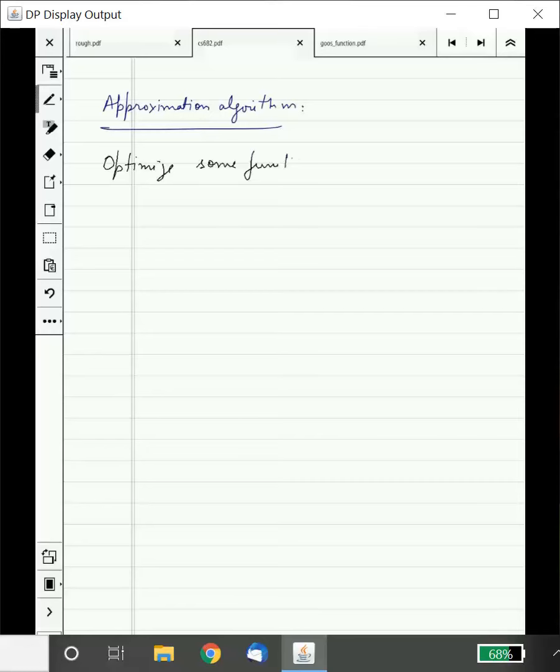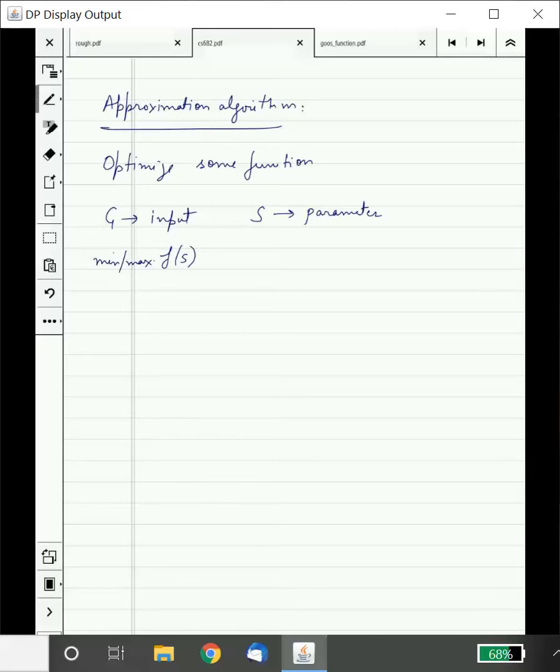What does it mean? You will be given some input, and then there are going to be a lot of parameters. We choose some s, and we will get f of s. And then our task is to find the minimum or maximum of this f of s. This would be clear with an example.